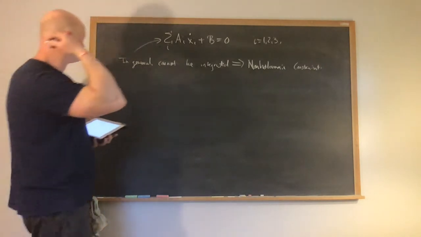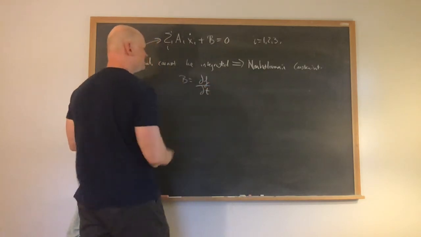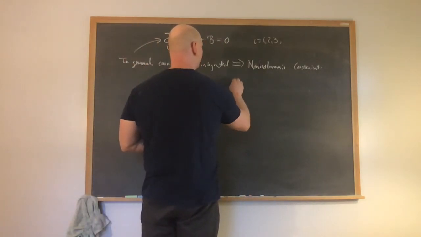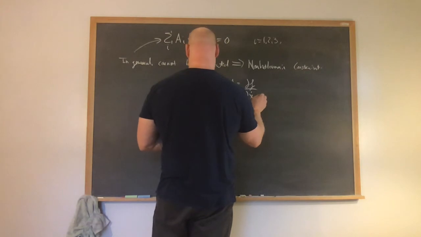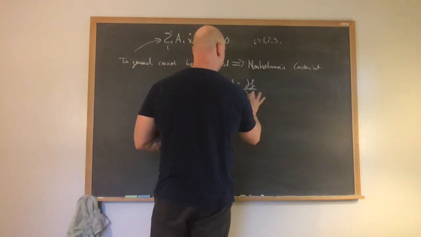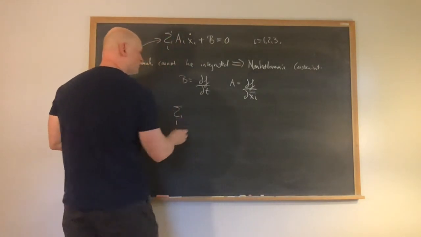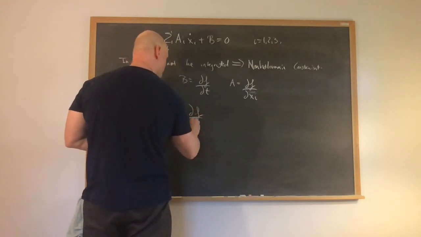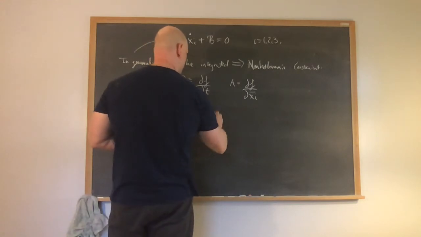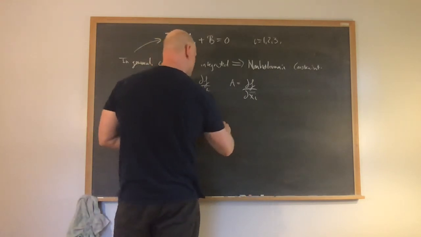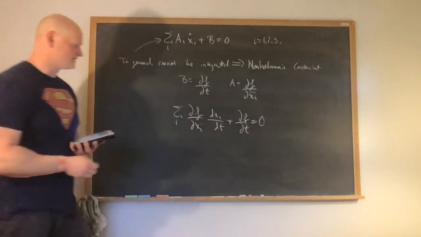Unless, for example, b here was equal to the partial of f with respect to t, and a_i is equal to the partial of f with respect to x_i. In this case, the expression becomes the sum over i of the partial of f with respect to x_i times the derivative of x_i with respect to time, plus the partial of f with respect to time, equal to 0.